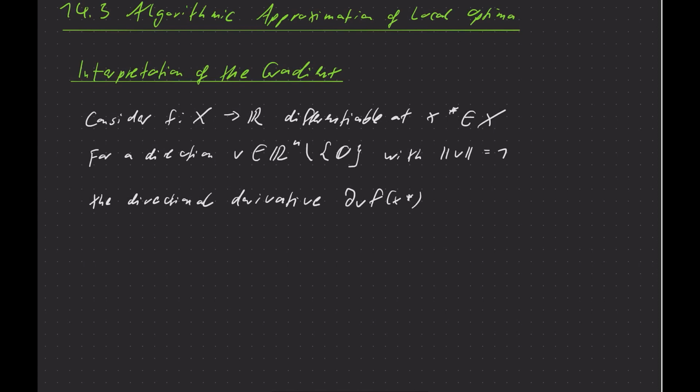If it's low, the function value will rarely change. So this is the local rate of change of f at x star in direction v.